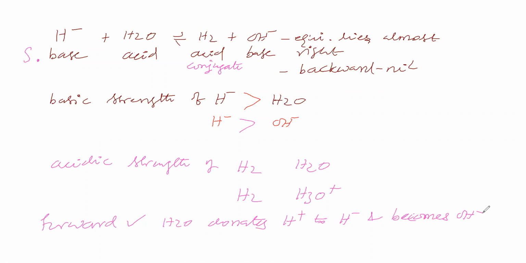Correct? Backward is not taking place because H2 is unable to donate H plus to OH minus, isn't it? Here, no backward. That means this H2 is unable to donate H plus to OH minus.